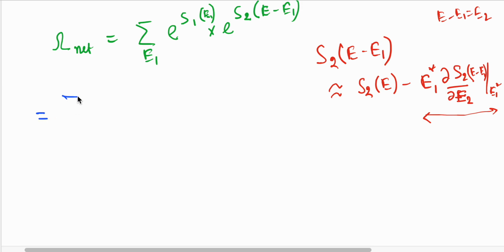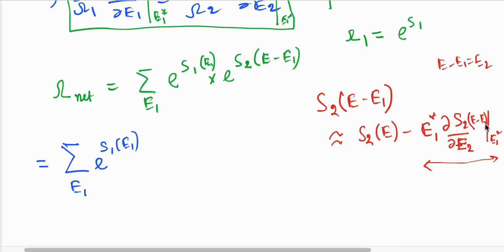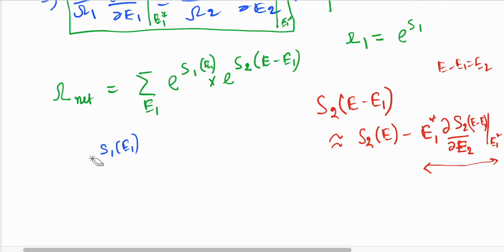We will get the summation over E1 of e to the power s1 of E1, and since del omega by del E2, that is del ln omega 2 by del E2, at E1 star is equal to 1 by T. Since the maximum contribution of the sum comes from the maximum value of S1, that becomes e to the power S2 of E star times e to the power S1 of E1 minus E1 star.